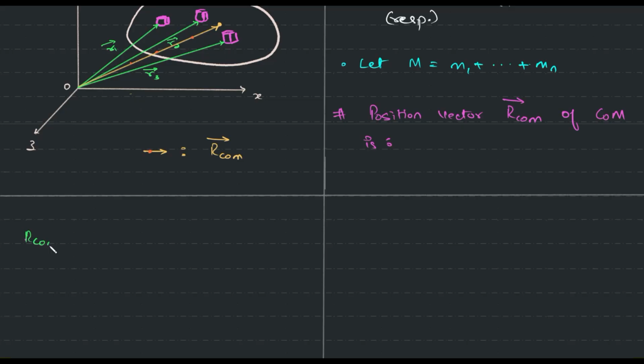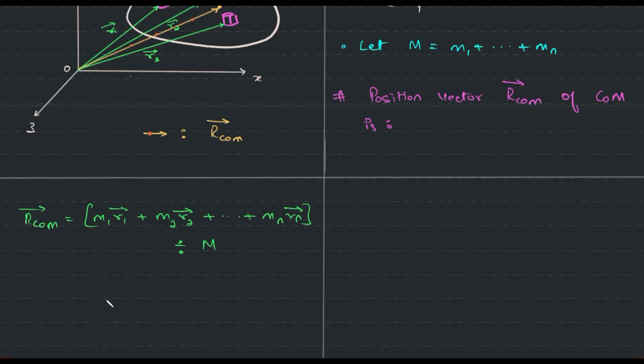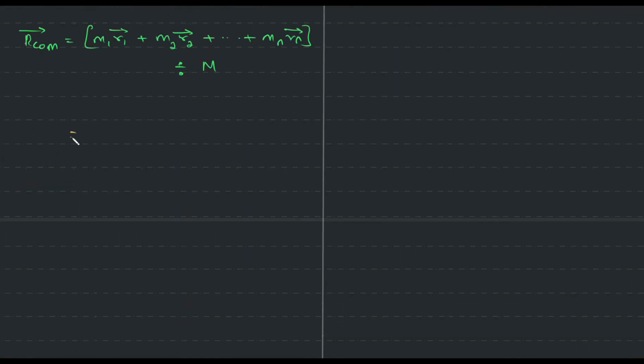So r center of mass, the position vector center of mass will be m1 r1 plus m2 r2 plus dot dot dot mn rn. That's it. This entire expression divided by your capital M. We can represent this using your summation symbol, summation of mi ri, where i will vary from 1 to n, divided by M. As simple as that.